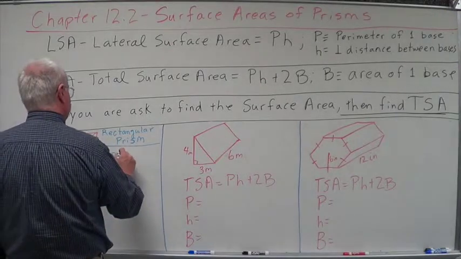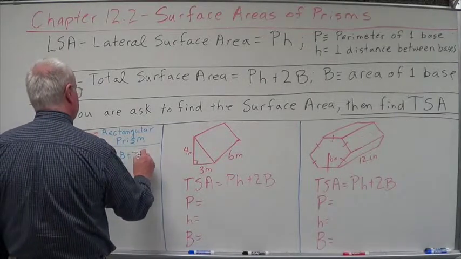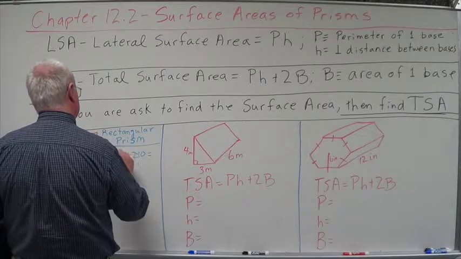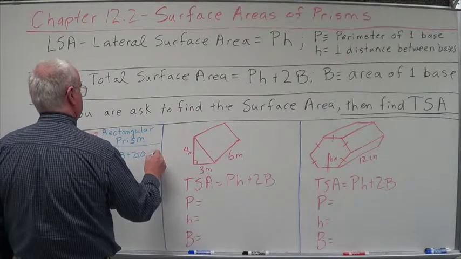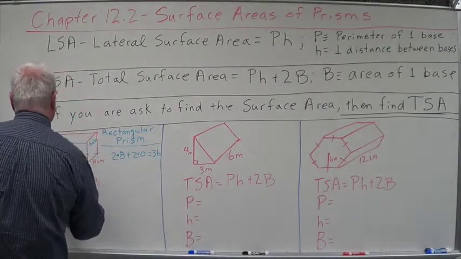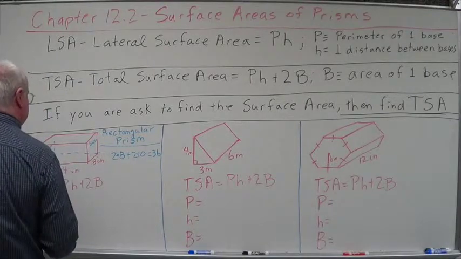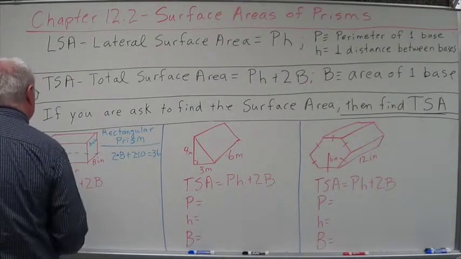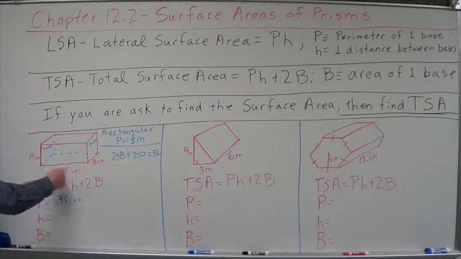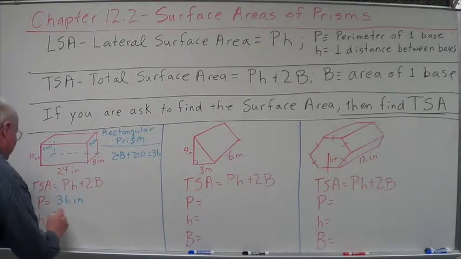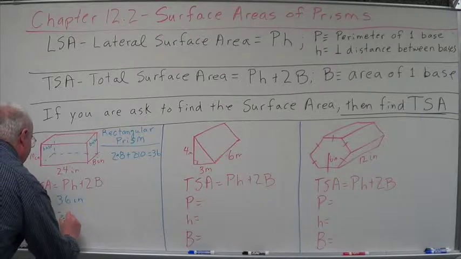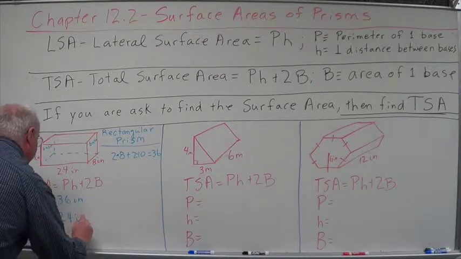So 2 times 8 plus 2 times 10 equals 36. So P equals 36 inches. What's my height? Well, it's the measurement I didn't use. It's the distance between the 2 bases. So that's 24 inches.